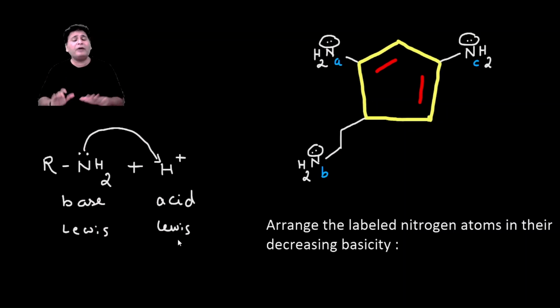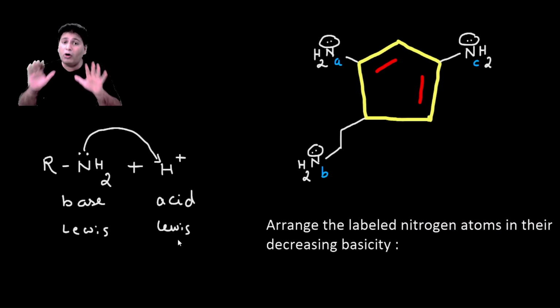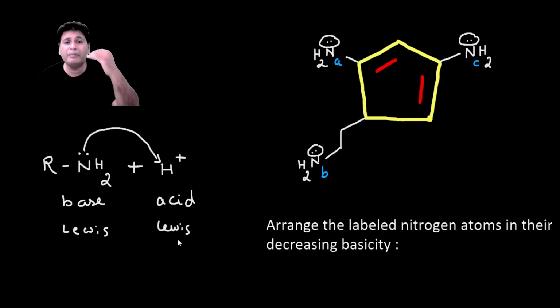So in this question we have three nitrogens, A, B and C. These all have a lone pair, which can be donated to H plus. You have to assess which nitrogen is more capable of giving the lone pair and which is less capable. The nitrogen which is more capable of giving the lone pair is going to be more basic. That is how we are going to do the problem.